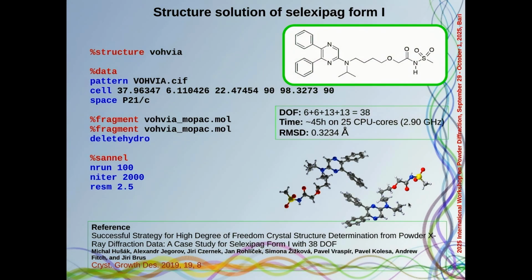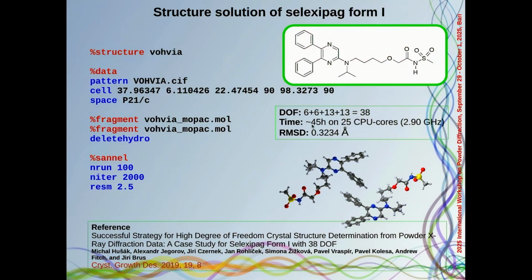You can see in this slide some examples. For example, the application to this big structure, where you have 2 molecules of this compound, so you can repeat the common fragment. The hydrogens were deleted. You have to increase the number of runs, increase the number of moves, and reduce the data range.